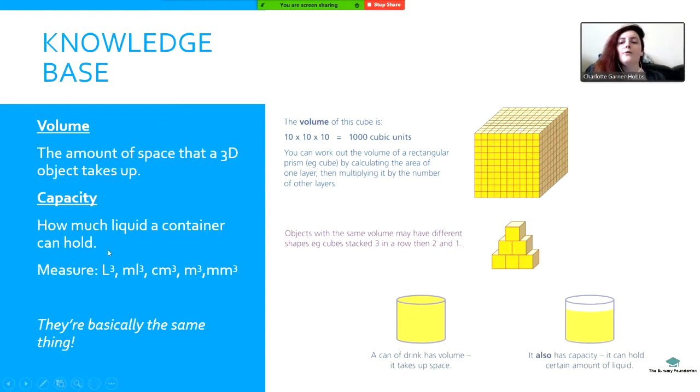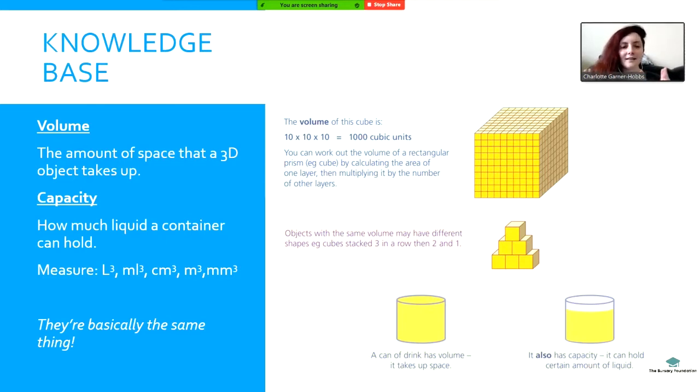For capacity, we're actually talking about something really similar. We just mean how much liquid something can hold. So for instance, if you have a mug, the capacity of this mug would be how much tea or squash or whatever I can fit within this mug.